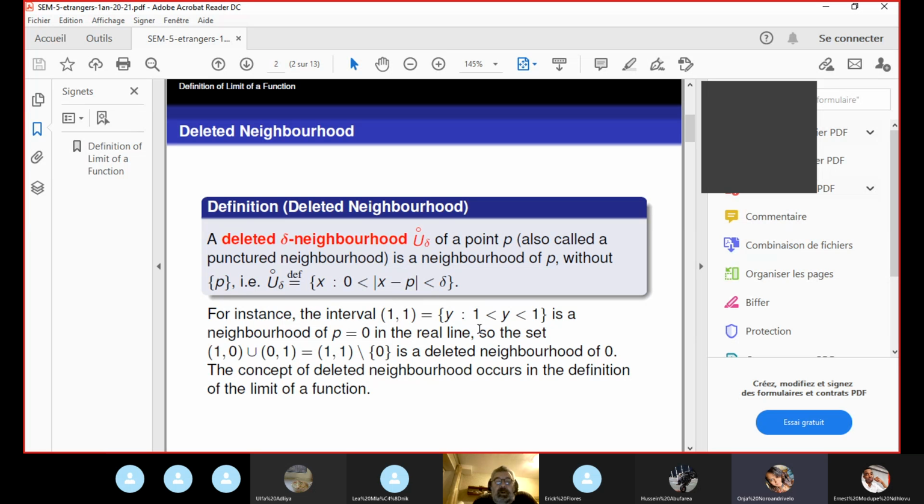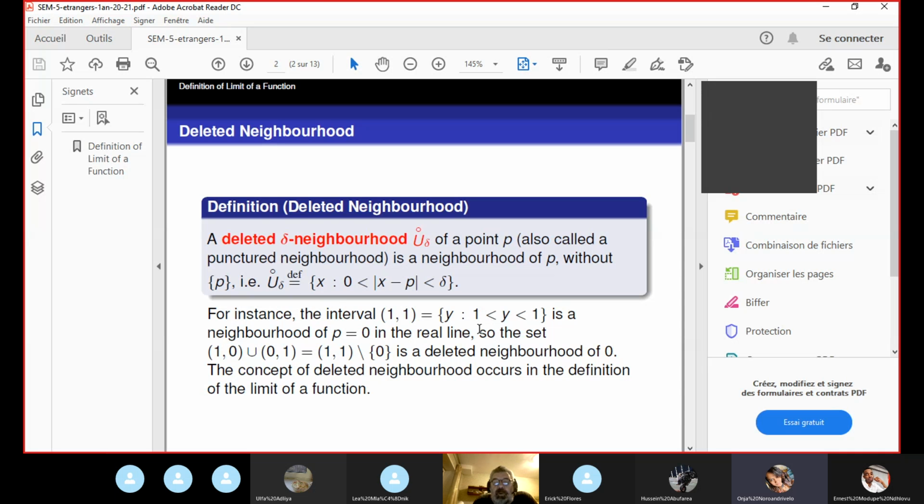So because of this misprint, I have to write that it will be the union of two open intervals, (-1, 0) and (0, 1), but without my point 0.